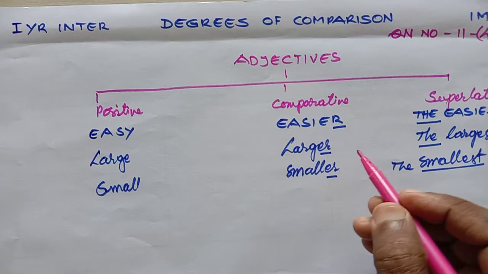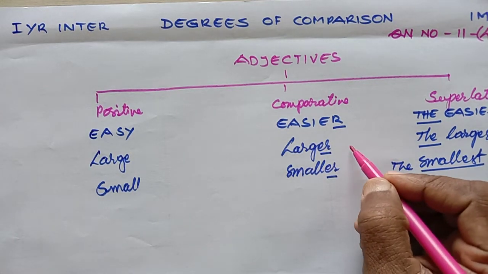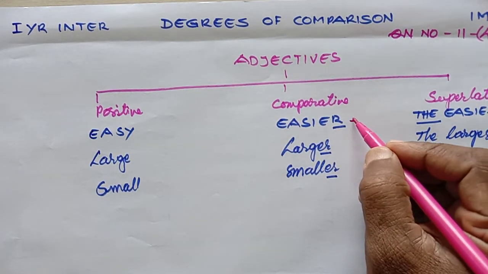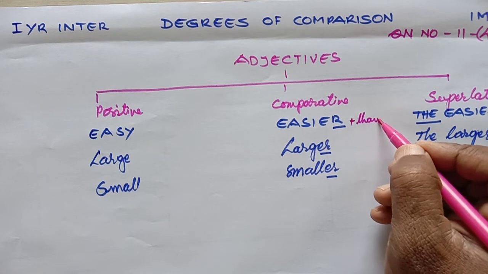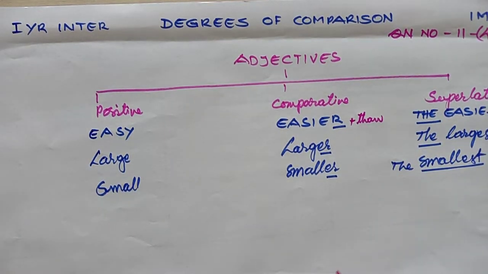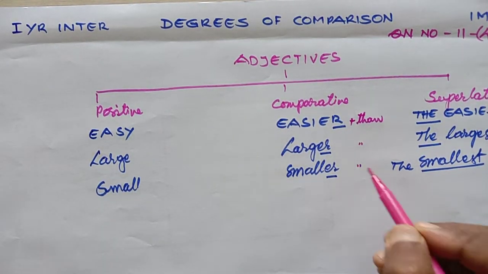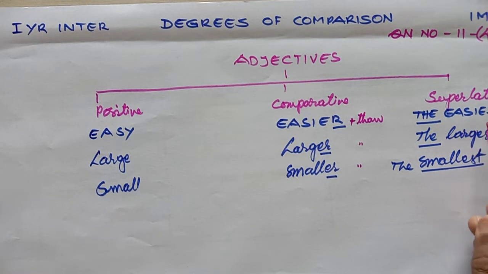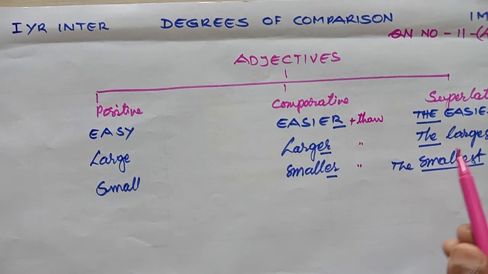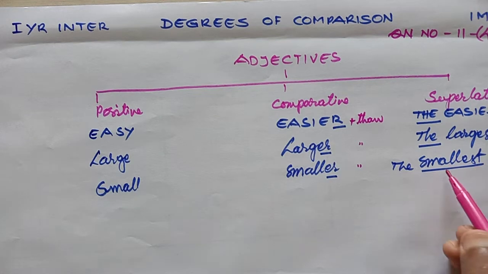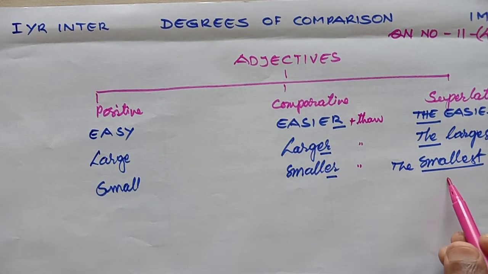Hence, smaller, easier, etc. plus than also we use. In every case we can use this than. Then easiest: this is for 2, this is for 1, and this is selection from a big group.